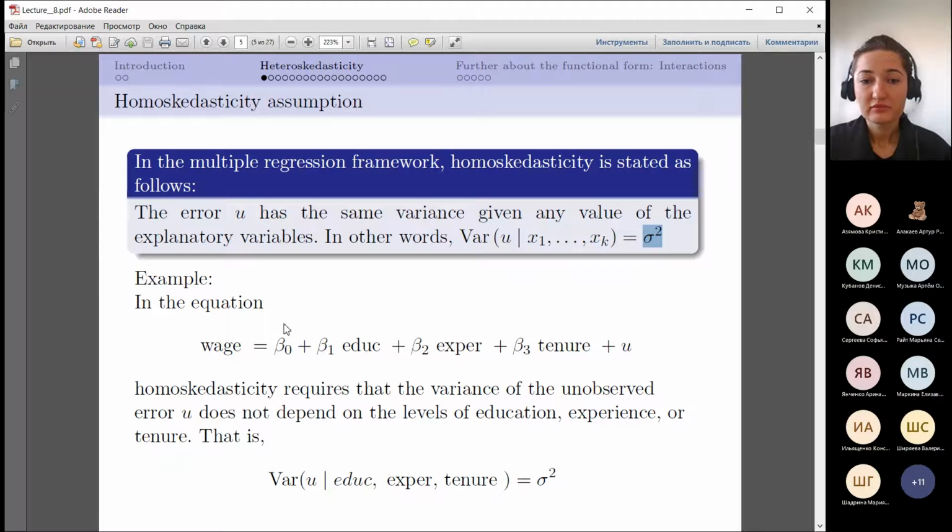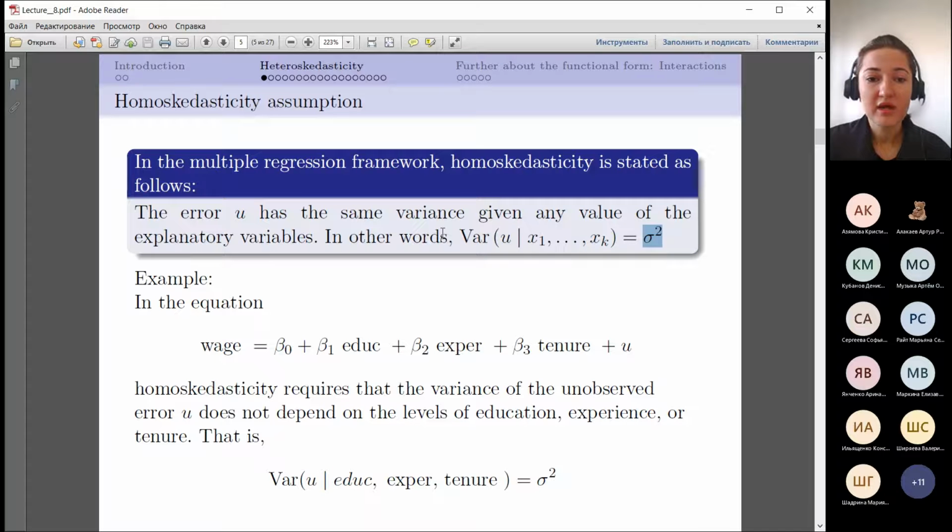For example, if you have a model of wage on education level, let's say in years, on experience and on tenure, homoscedasticity requires that the variance of the unobserved error doesn't depend on the levels of these explanatory variables: education, experience, tenure.